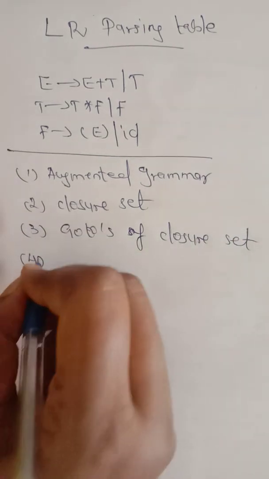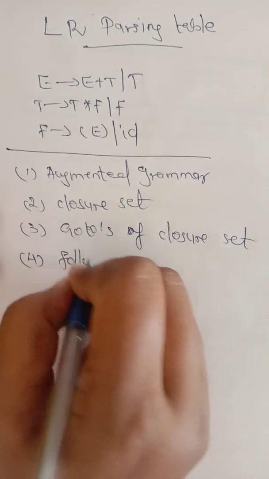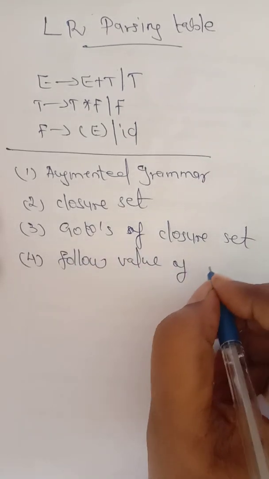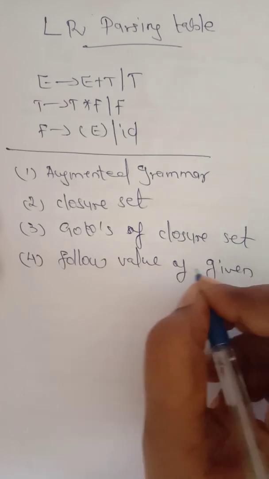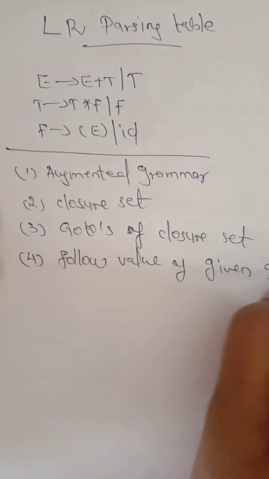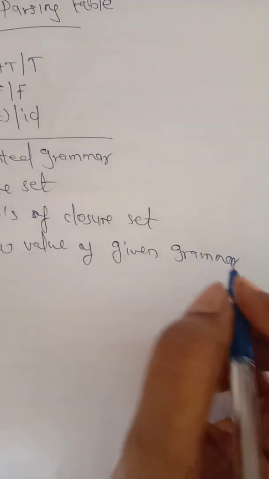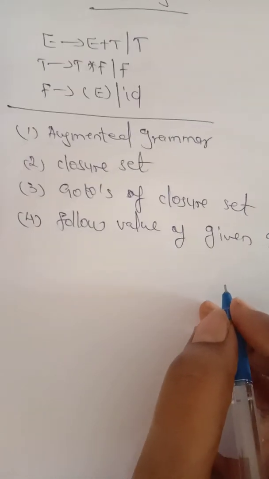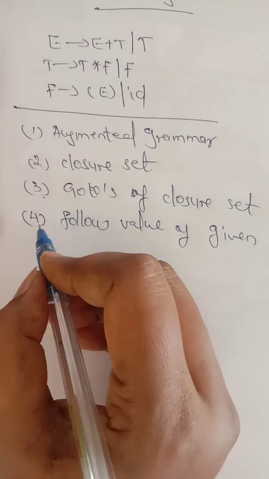Next, we have to find the follow values of the given grammar. Then finally, we can construct the parsing table using the third and fourth steps.